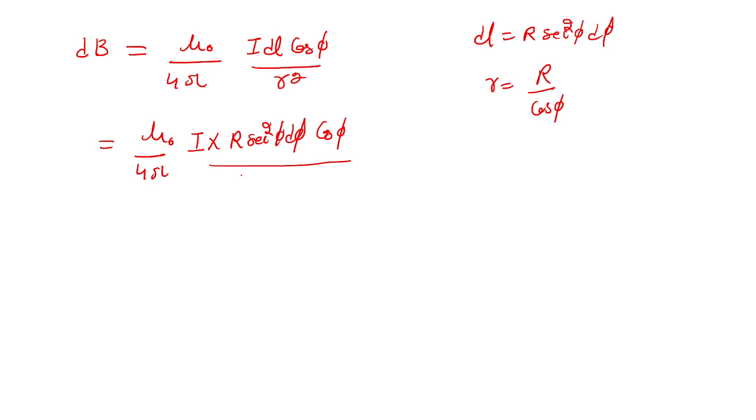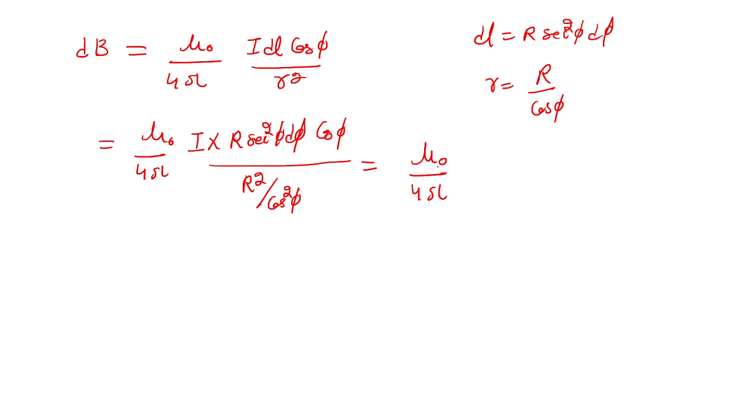While we do it further, it will become mu naught over 4 pi. So it is very easy, guys. Always try to solve the equation step by step, because it gives you confidence. It will increase your thinking capabilities, how to distract, how to neglect things, how to do it.